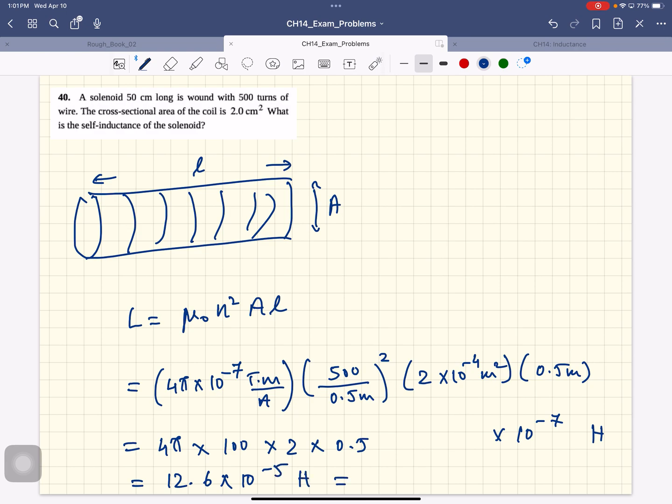Okay, so 0.126 millihenries. That's 0.126 times 10 to the minus 3, which is a millihenry. So that's the self-inductance of this coil.